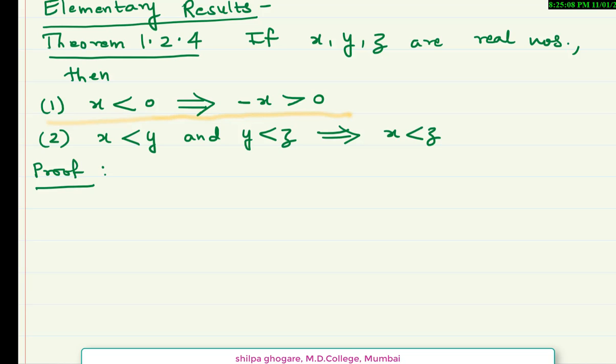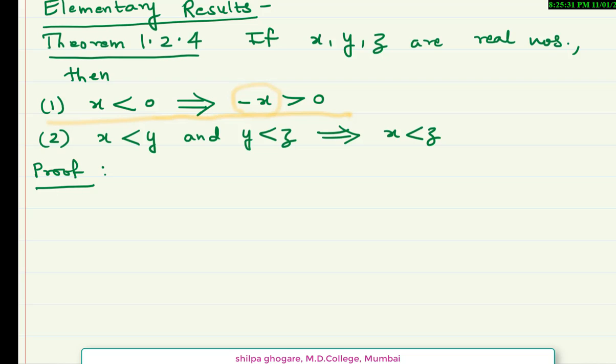So by x less than 0, I mean that x is a negative real number. Now what is minus x here? It means the additive inverse of x. So you know that if x is a negative real number, its additive inverse would be a positive real number. Now we have to prove this.